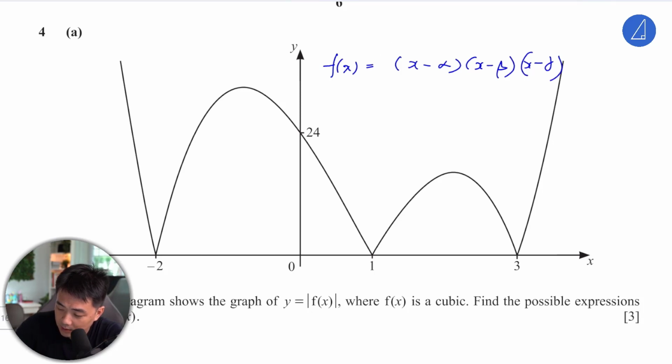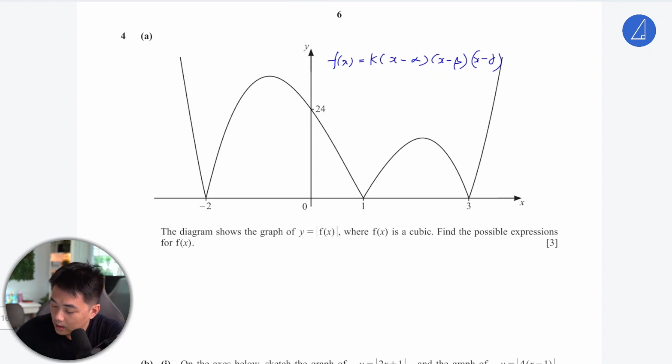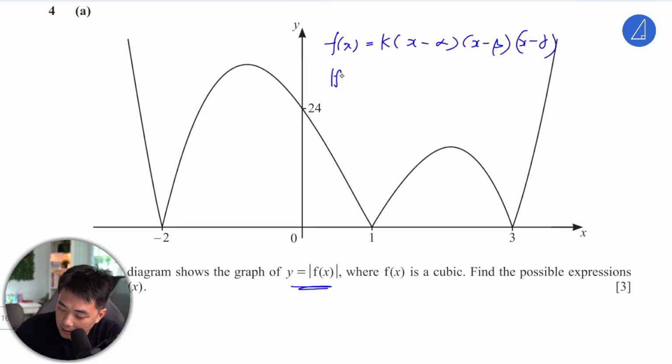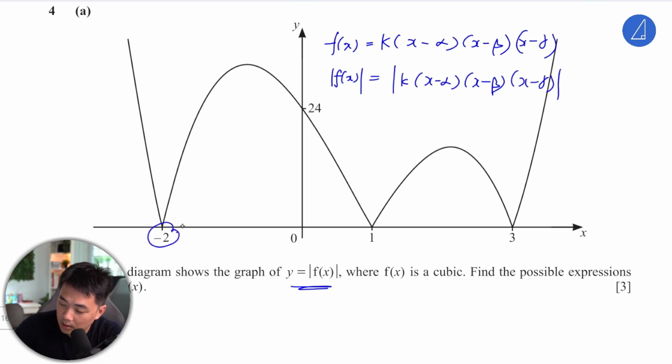Maybe this a, I'll just put as k. There's a multiplier effect in front. So modulus f of x would give us essentially k. I would rather put k as positive or negative. That's the main thing, because the roots are pretty straightforward. Alpha will be minus 2, beta will be 1, and gamma equals 3.